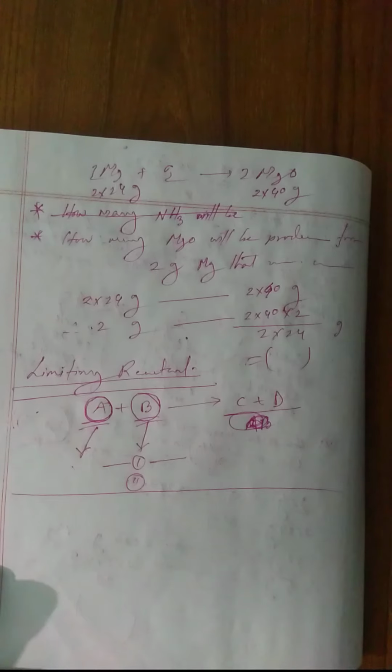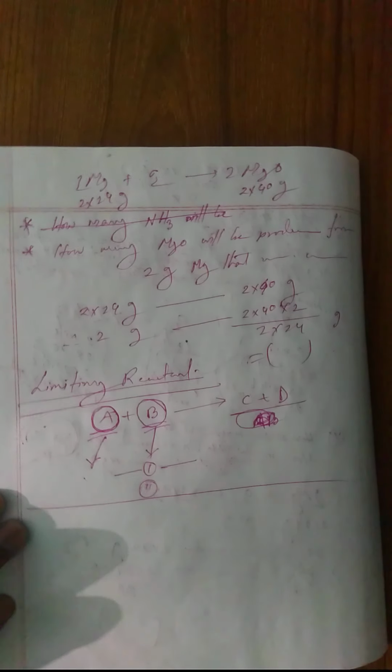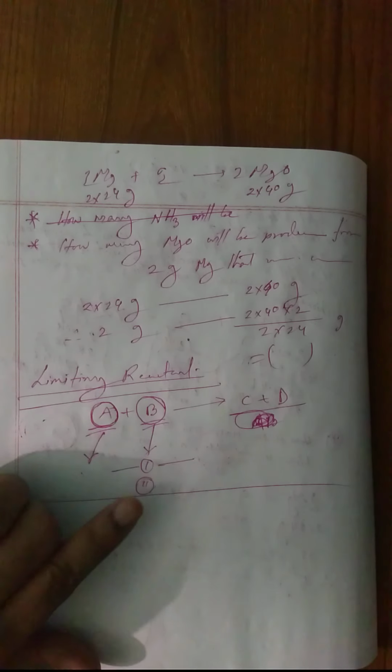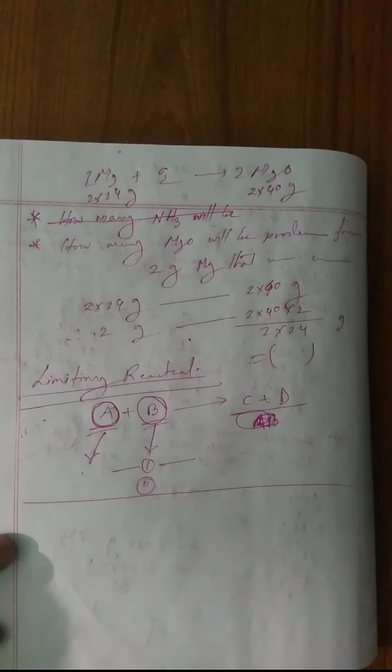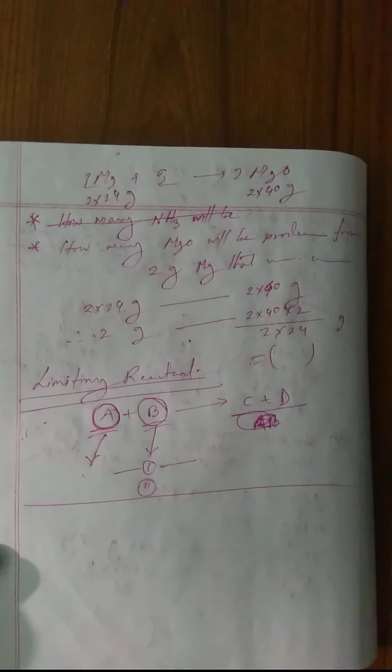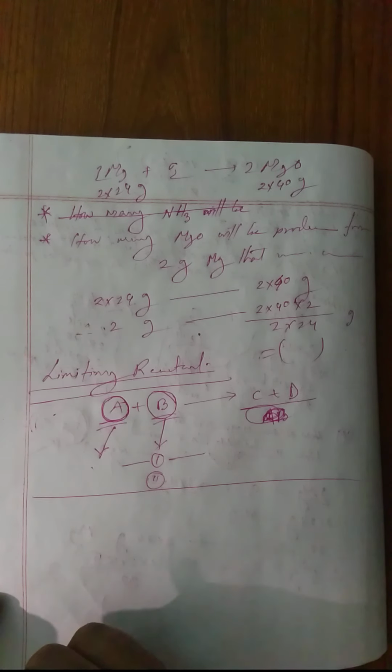So already I have discussed the importance of limiting reactants. The desired product also depends on limiting reactant. So to solve this problem, we have to find out the limiting reactant first.